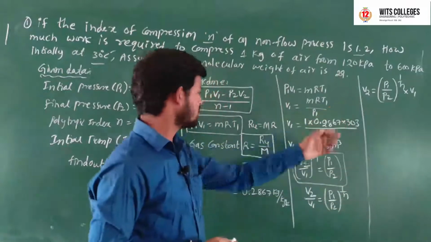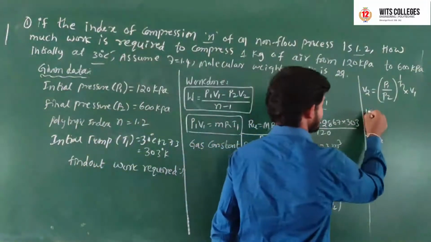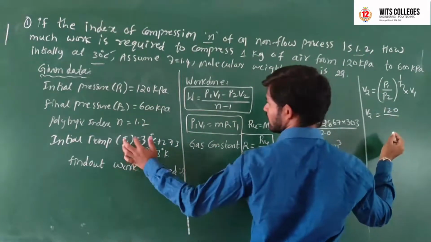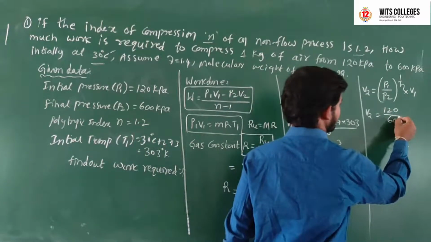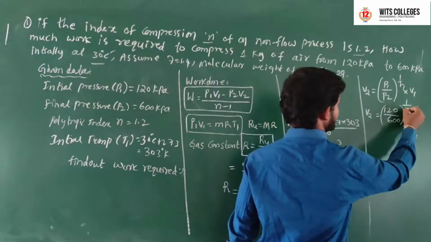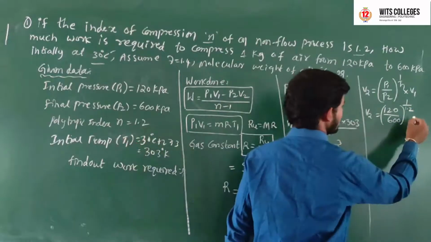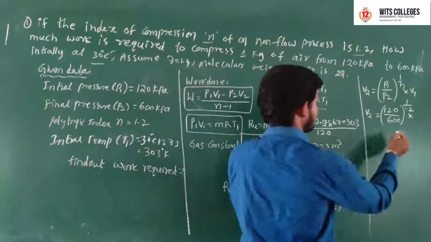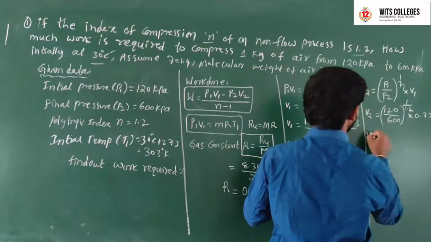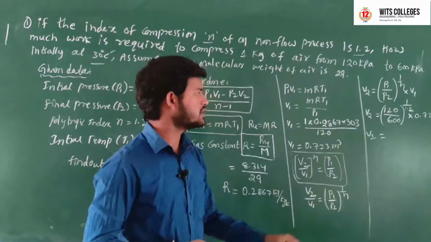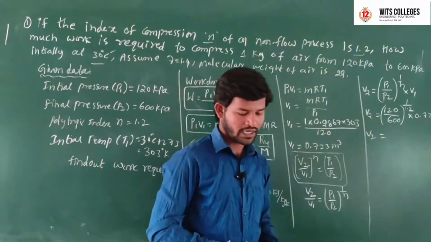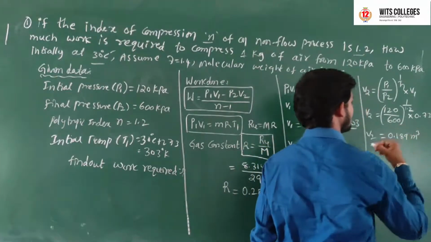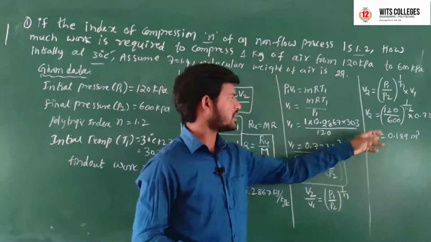In this equation we substitute all the values: P1 is 120 kilopascal divided by P2, which is 600 kilopascal, whole power 1 by n, where n is given as 1.2, into V1 value 0.723. Here we find V2 as 0.189 meter cube.